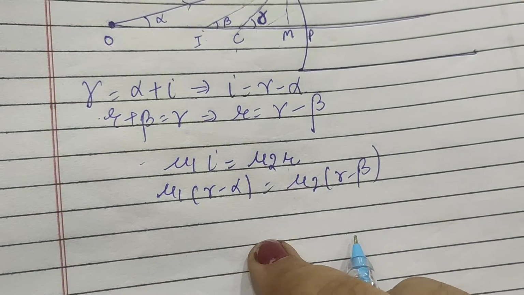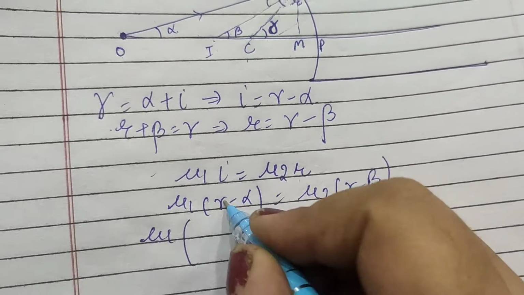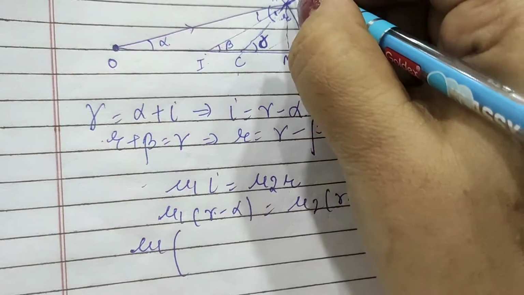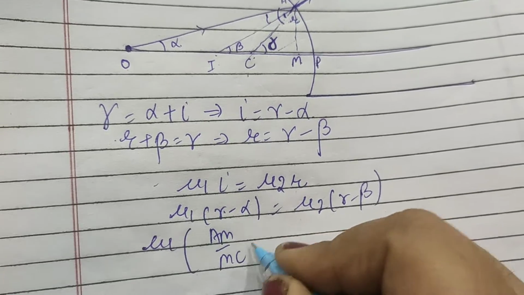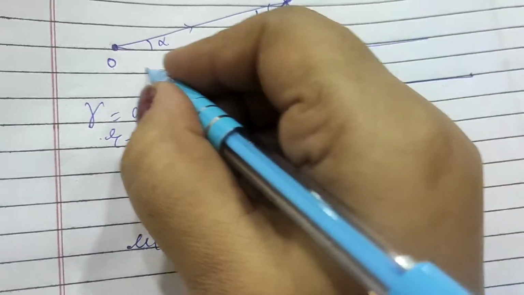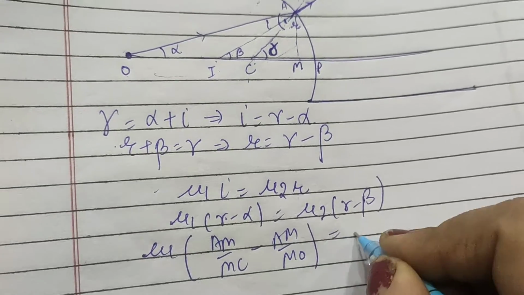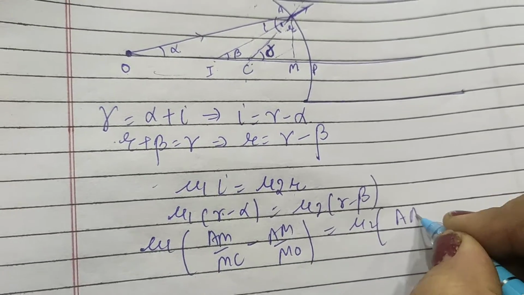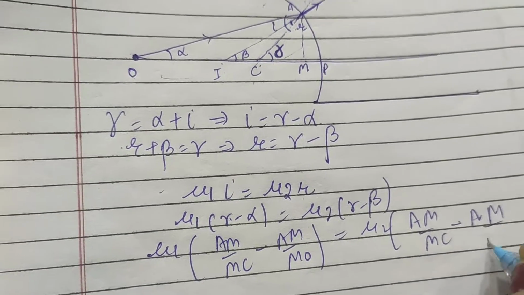Now use the property theta is equal to arc upon radius, and we know that gamma is for the center of curvature, so this is AM upon MC, and for alpha it is AM upon MO. So mu1 times (AM upon MC minus AM upon MO) is equal to mu2 times (AM by MC minus beta, which is AM upon MI).